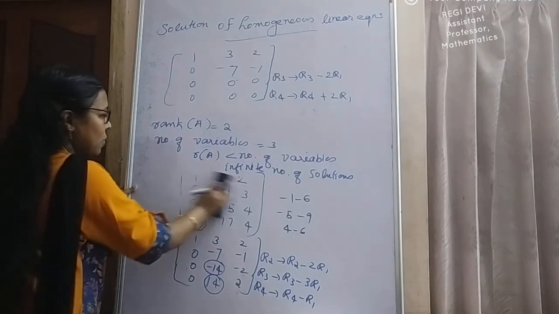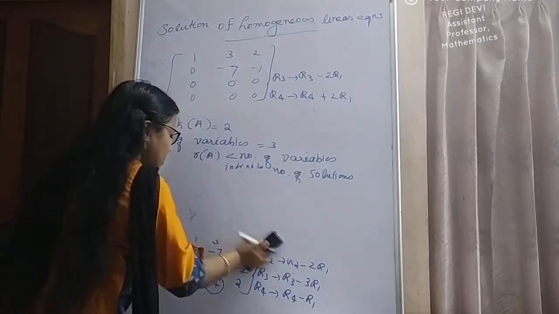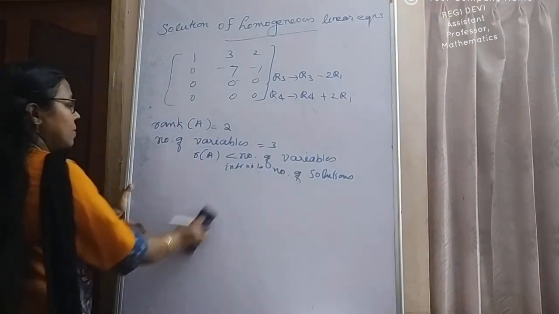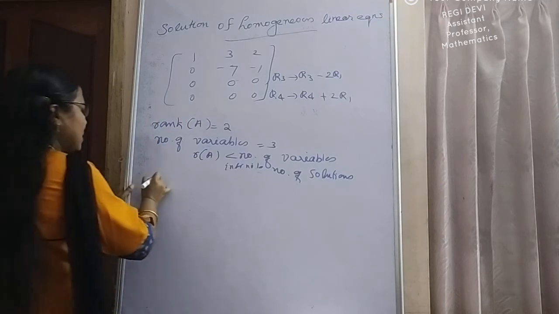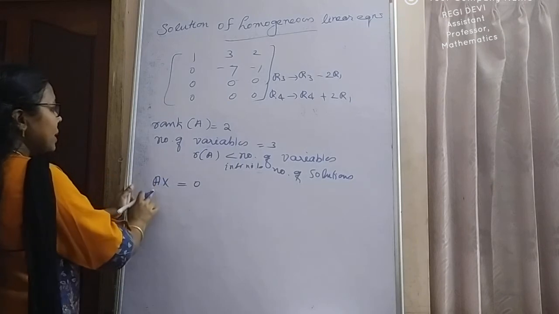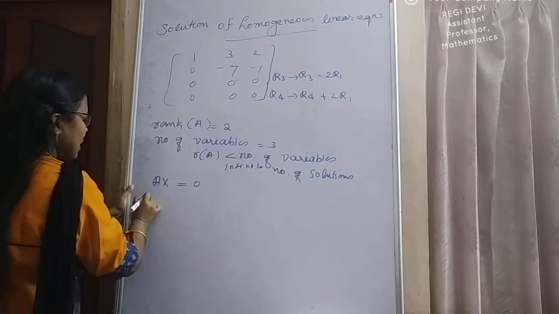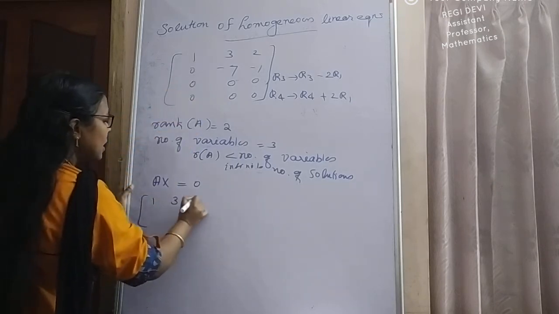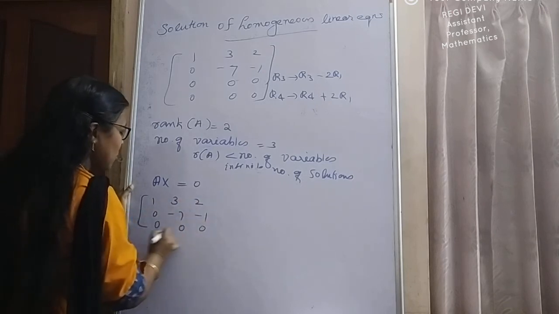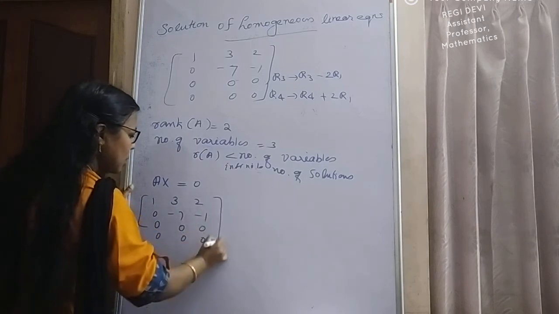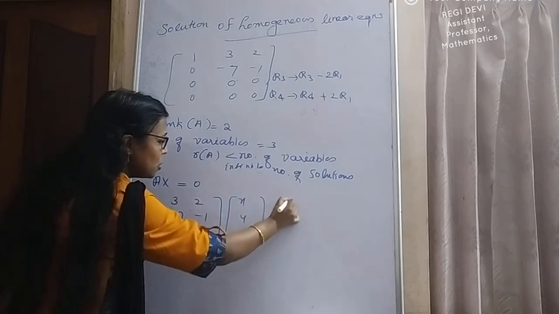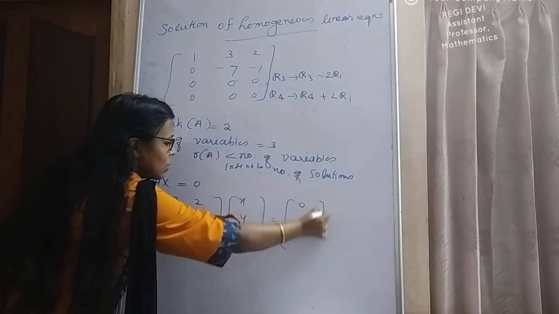The equations are of the Ax equal to 0 type. Matrix A is reduced into this matrix: 1, 3, 2; 0, minus 7, minus 1; 0, 0, 0; 0, 0, 0, multiplied by x, y, z equal to 0, 0, 0.